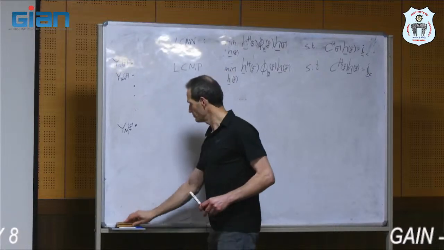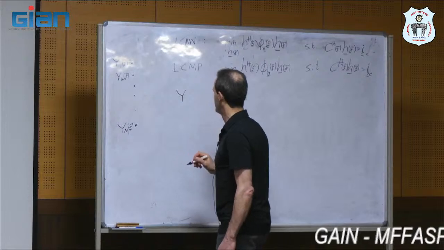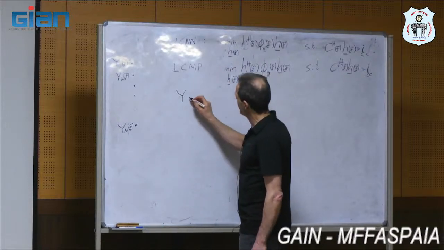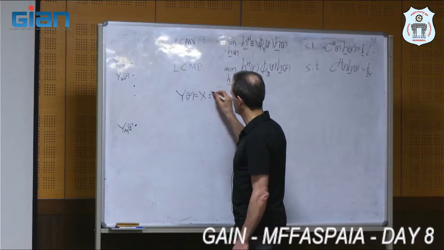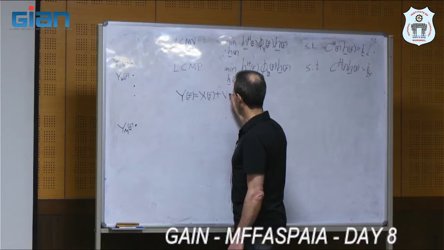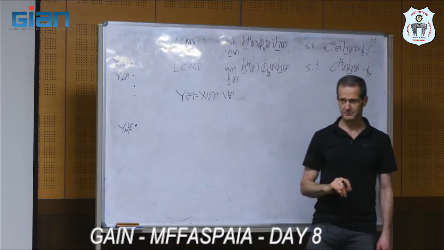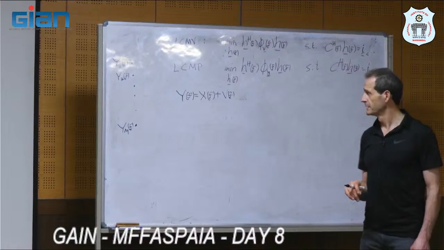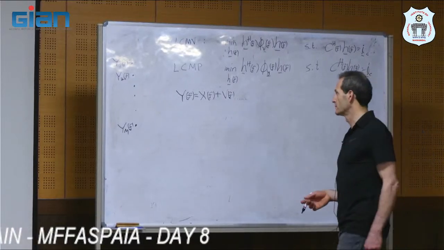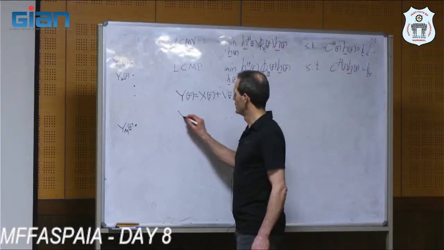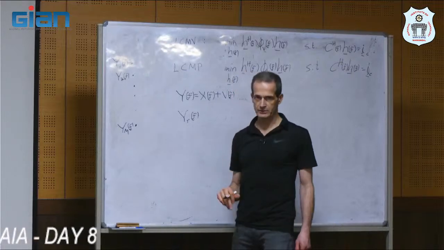So let's assume that we have YF equals XF plus VF. This is the main channel. And we have a reference channel, another channel. Let's call it YRF. So it's another channel, reference.